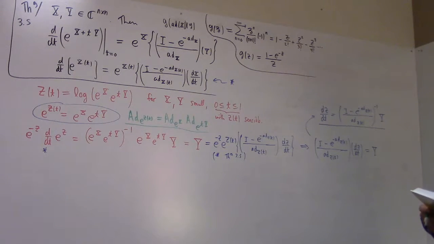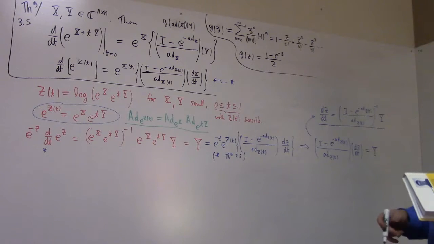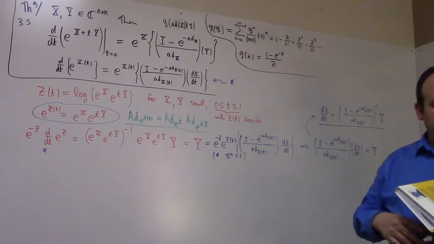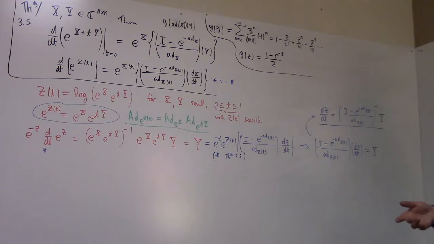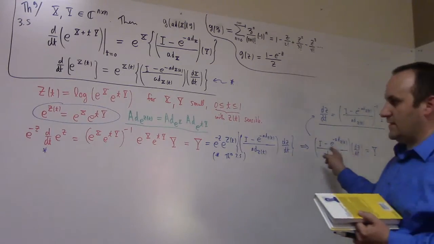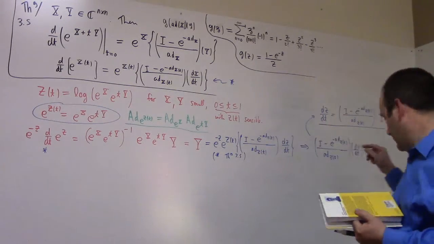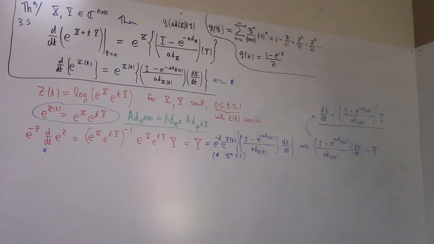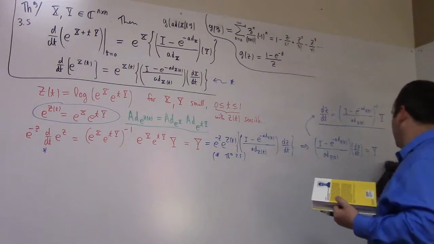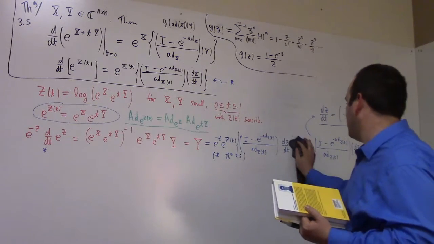But we also know that there's a relationship between the little add and the big add in terms of how it filters through the exponential. I think I can erase this line at this point. I don't think we're going to need that now. I'll leave that one for good measure.